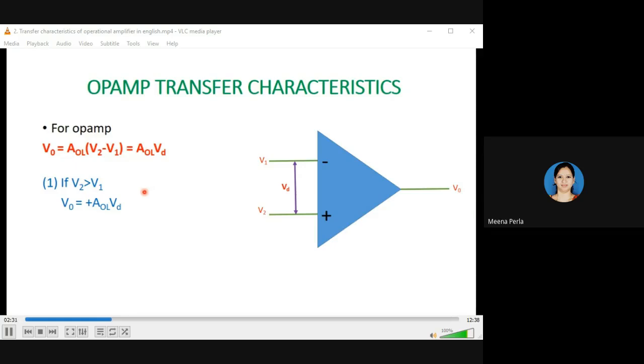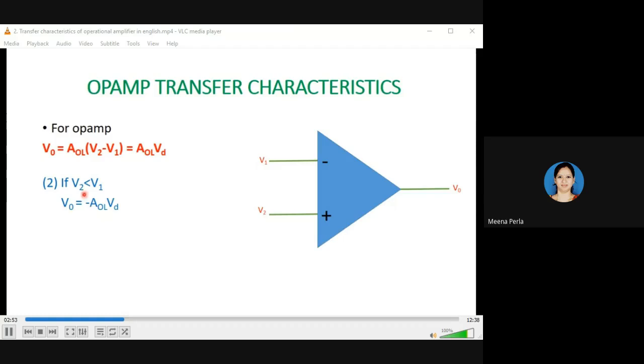First case: if positive voltage V2 is greater than V1, then V2 minus V1 will be a positive value. Therefore, Vd becomes positive, and V0 is equal to plus AOL into Vd.